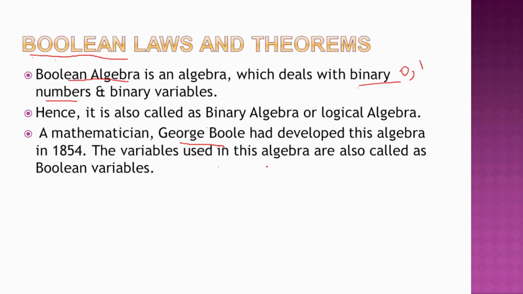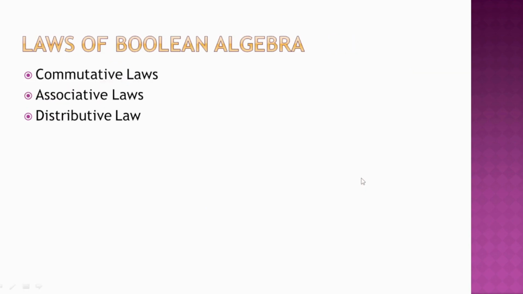The variables used in this algebra are called Boolean variables. For example, if we use variables like A, B, C, X, Y, these are called Boolean variables.